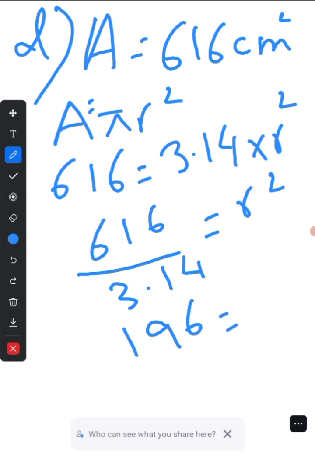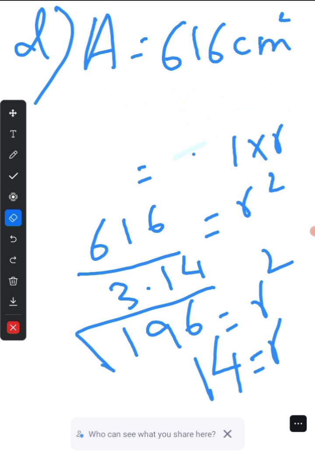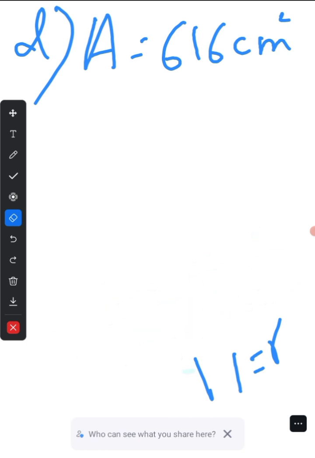196.17. Now we all know that the nearest answer to the square root of 196 is what? Come on, all of you. Yes. What could be the answer? It's 14, right? 14 is equals to r. That is your radius. Now I have got my radius as 14, so I can easily find my diameter as well as the circumference.